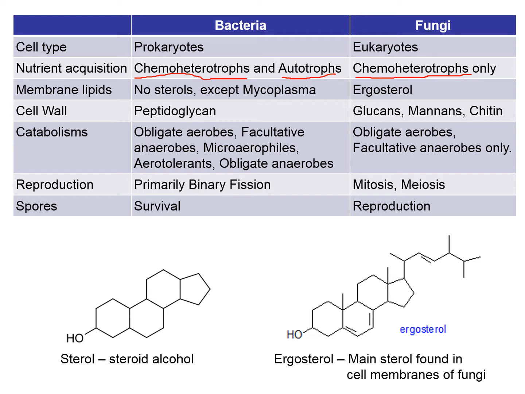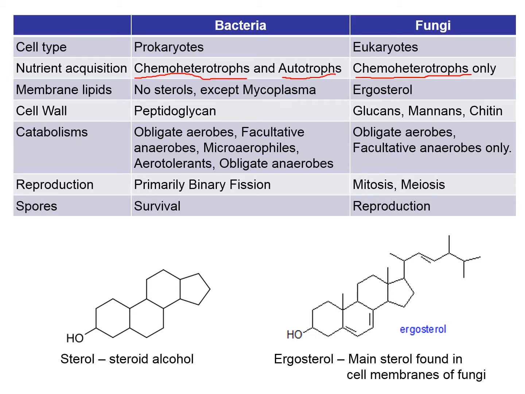But let's get back to the fungi. I told you that fungi are only chemoheterotrophs, only. So this means that they're going to secrete these enzymes into the environment. The enzymes find a proper substrate, and then they break those large molecules down into smaller ones, which the fungi absorb.